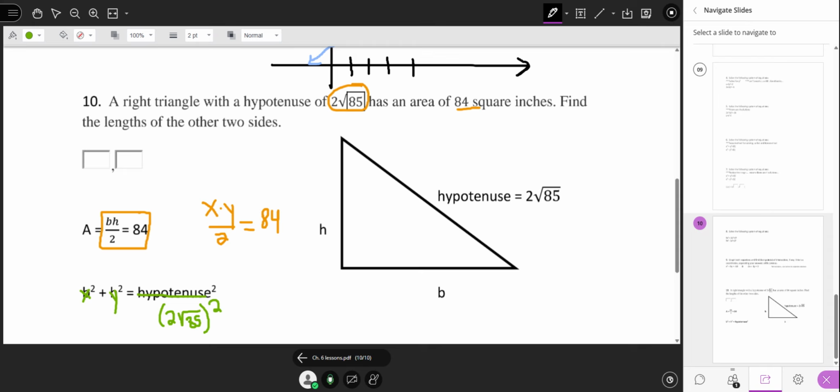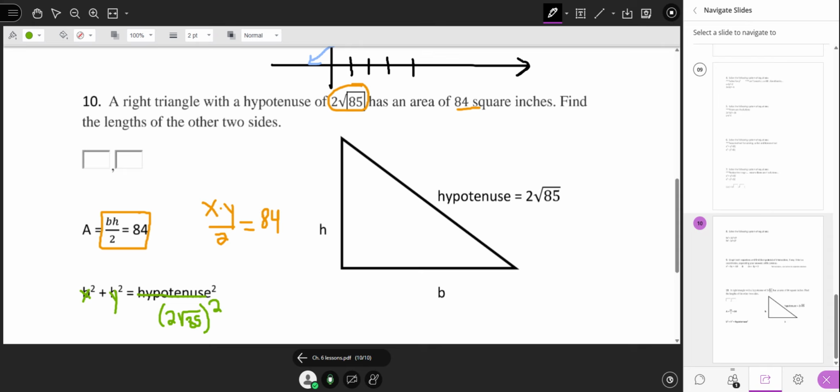And I'm going to put both of these into Desmos, literally. And I'm going to let Desmos tell me the answer. All right? So, fraction bar, x, y, divide 2 equals 84. Enter.